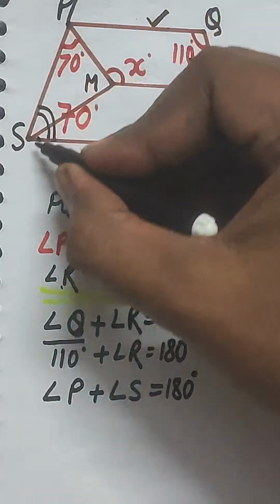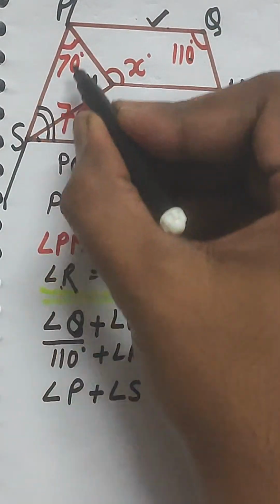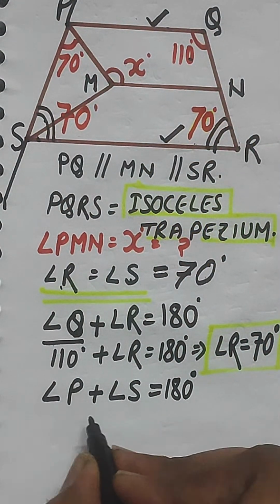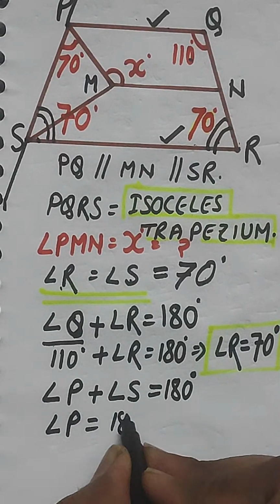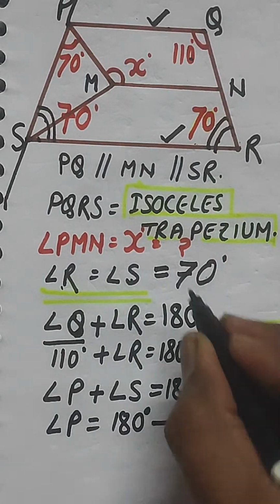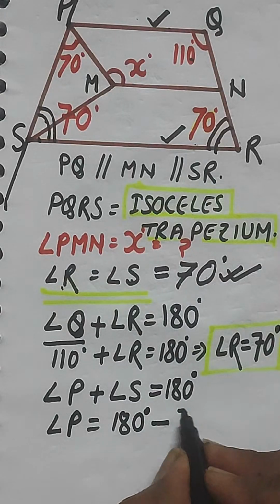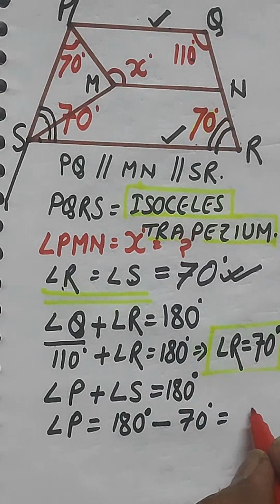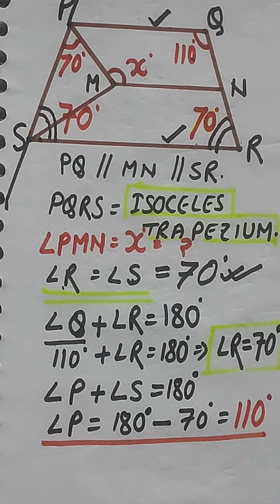So angle P and angle S will be equal to 180 degree. So the measure of angle P will be equal to 180 degree minus angle S, and angle S is already calculated as 70. So just subtract 70 from it and we get the measure of angle P as equal to 110 degree, right? Measure of angle P is calculated as 110 degree.